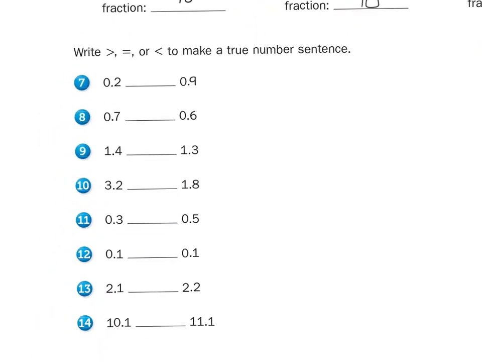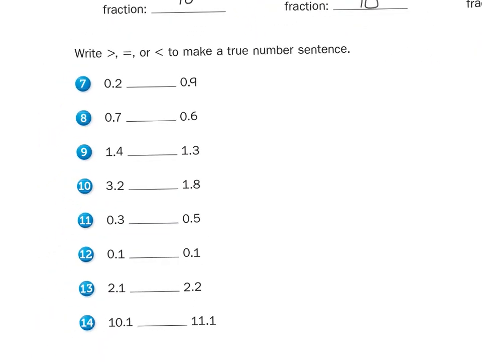Now, down here, you're going to write greater than, equal to, or less than to make the number sentence true. Okay? So if you want to get out your fraction pieces, your tenths, you can do that. Or I think a lot of you might be able to even do this without that.